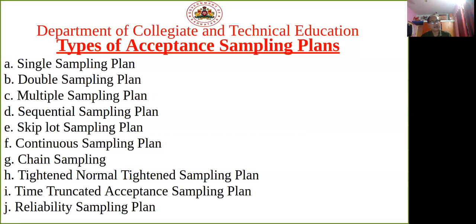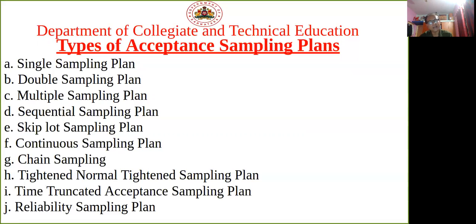There are many types of sampling plans that can be used in industry. From the subject point of view, we are going to study the single sampling plan, the double sampling plan, the multiple sampling plan, and the sequential sampling plan.